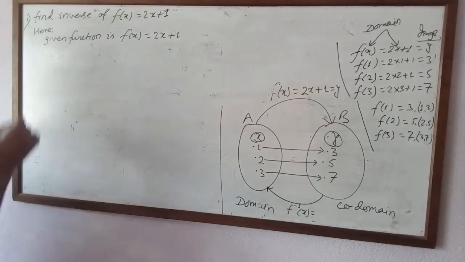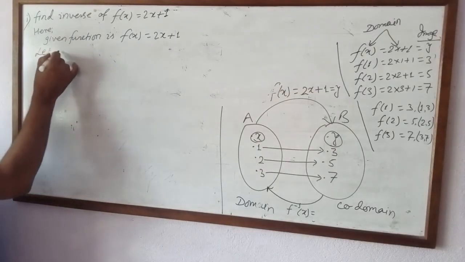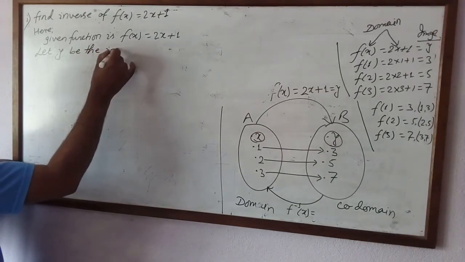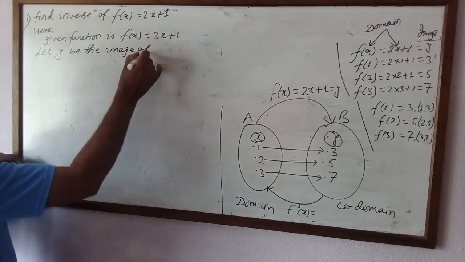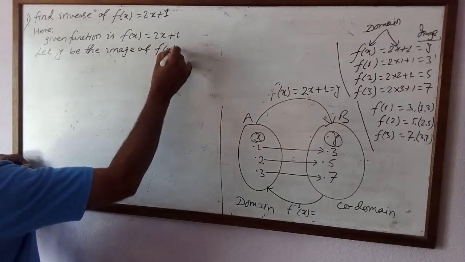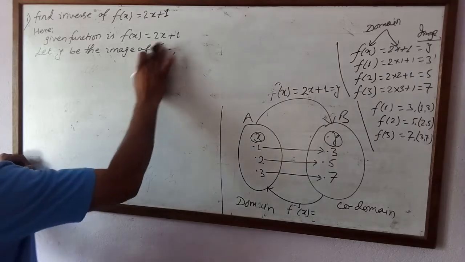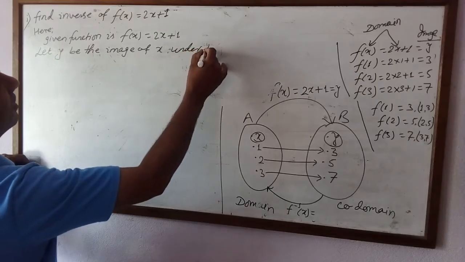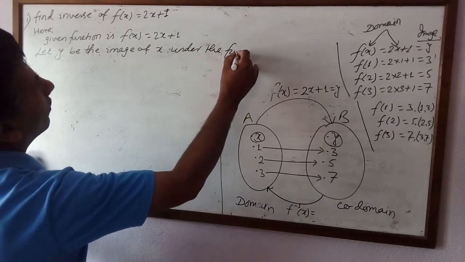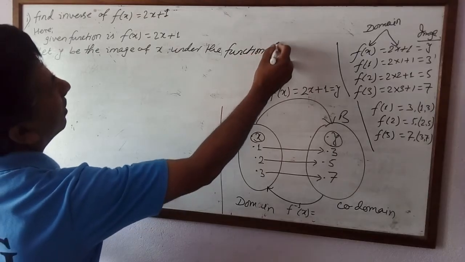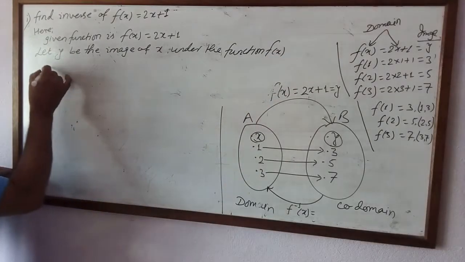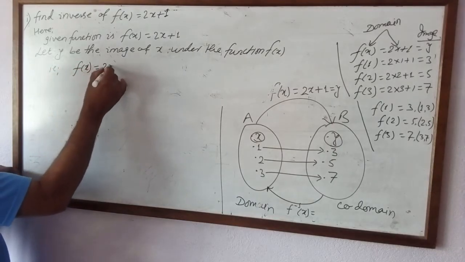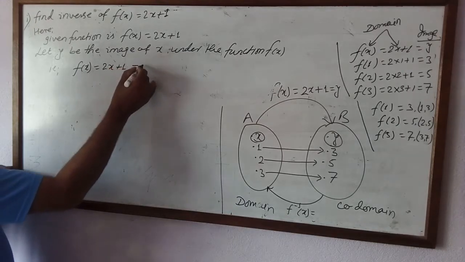Now say like this, let y be the image of x under the function f(x), that is f(x) equals 2x plus 1 equals y.